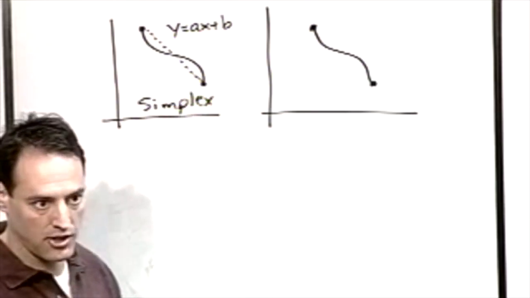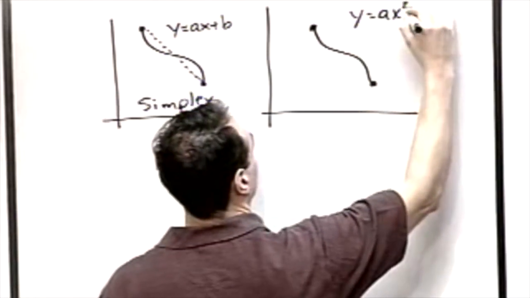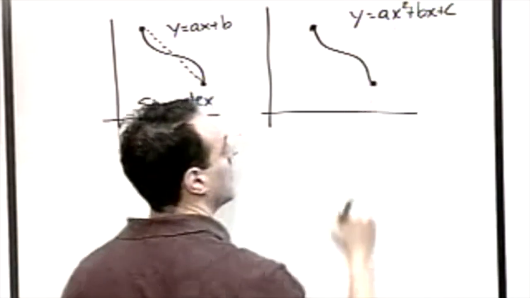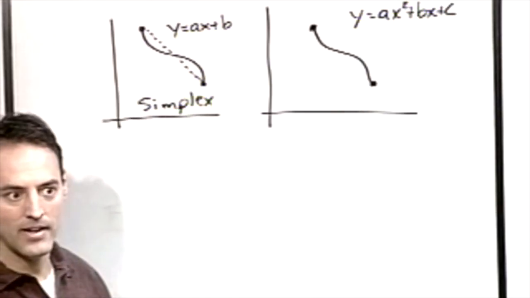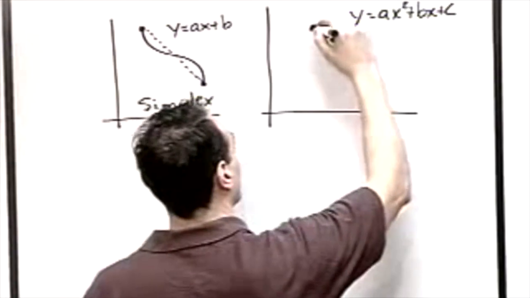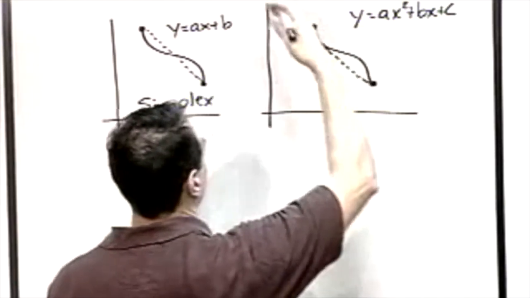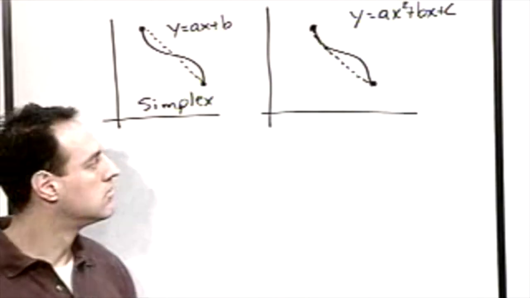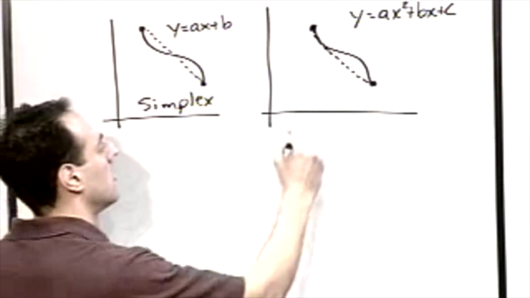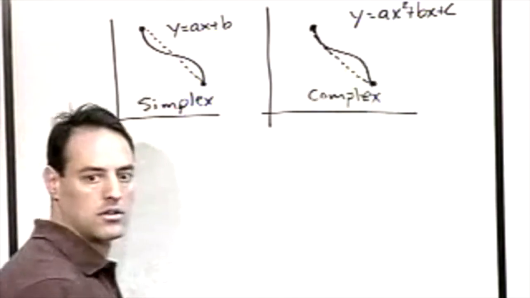In a complex method, what you're using is higher order polynomials. Let's just use a cubic. It's quadratic, I mean. Okay? Now I'm going to approximate this thing with perhaps something that looks like this, because I can have some kind of quadratic shape to it. And suppose I do that. This is a complex method. And you can imagine, right?